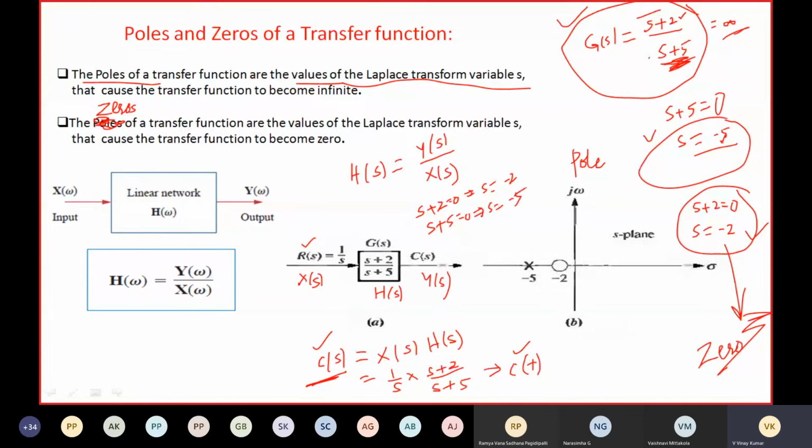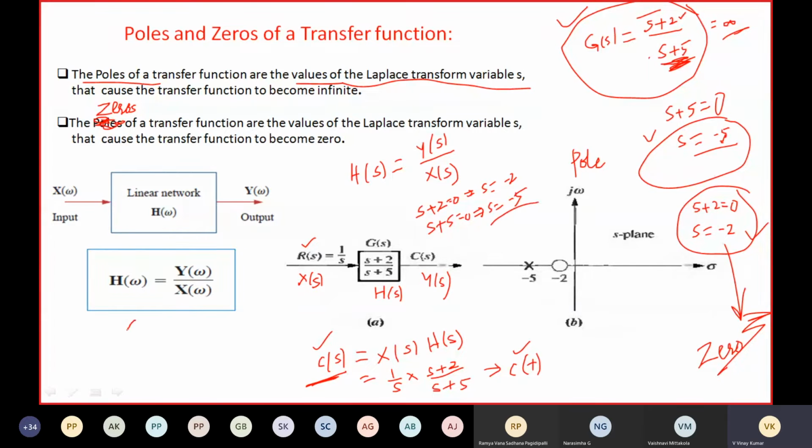This is the pole of a transfer function.